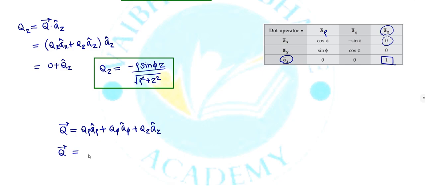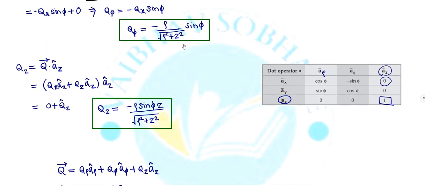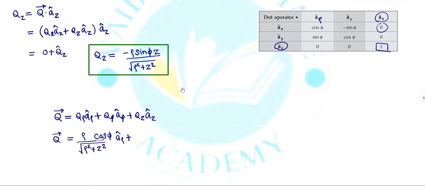So q rho is what we have that to be the rho divided by square root of rho square plus z square cos of phi a rho plus q phi.